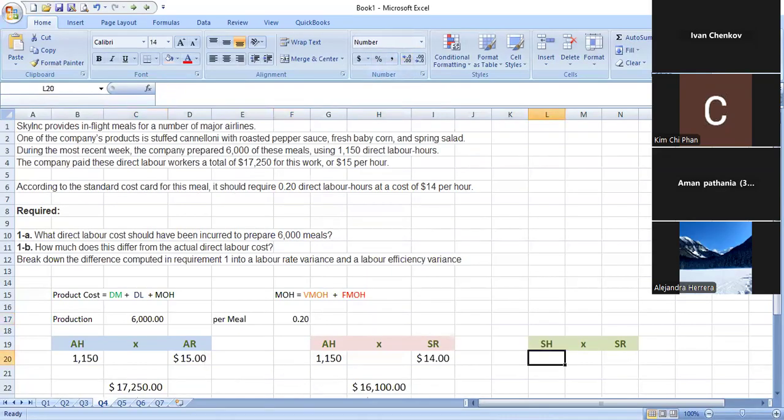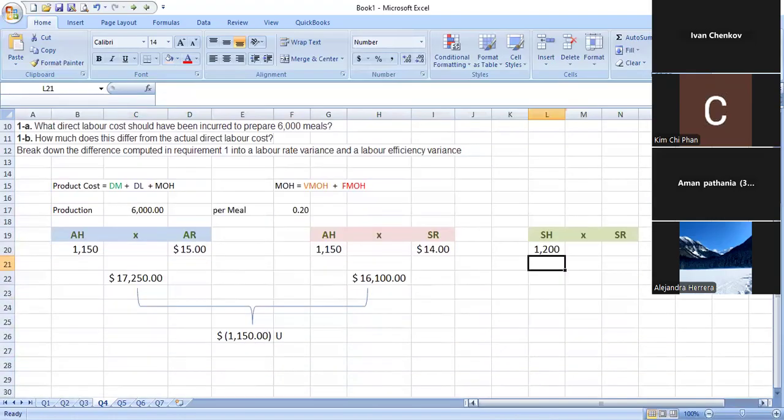So how many hours do we need based on our standards then? We need 6,000 times 0.2 hours. We need only 1,200 hours.